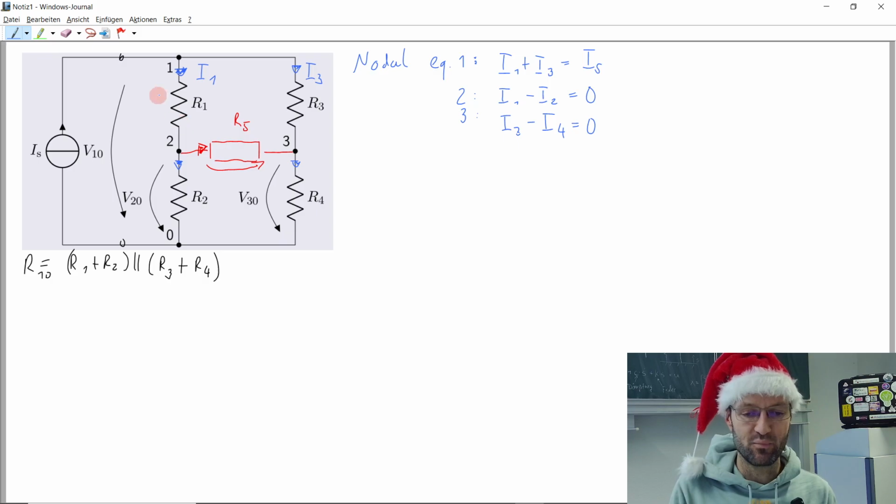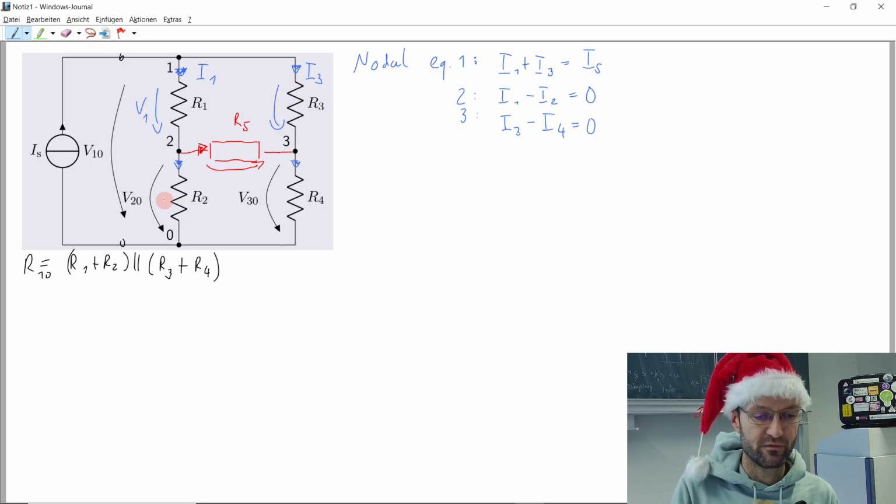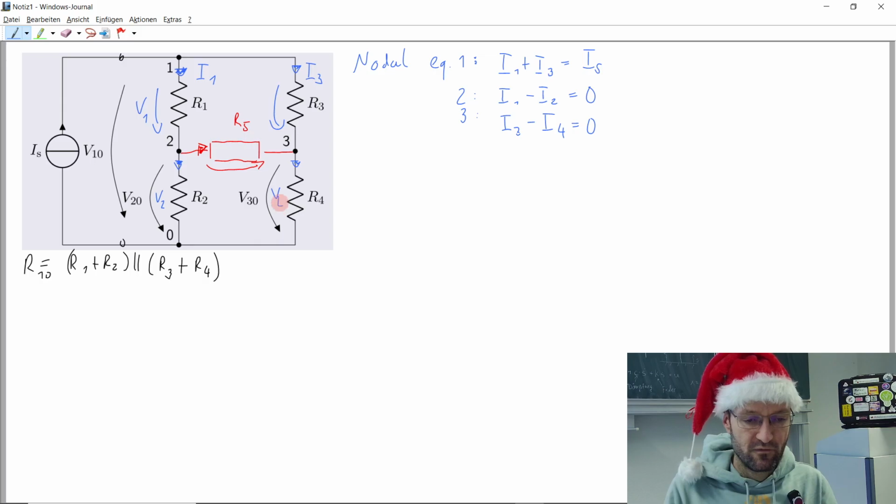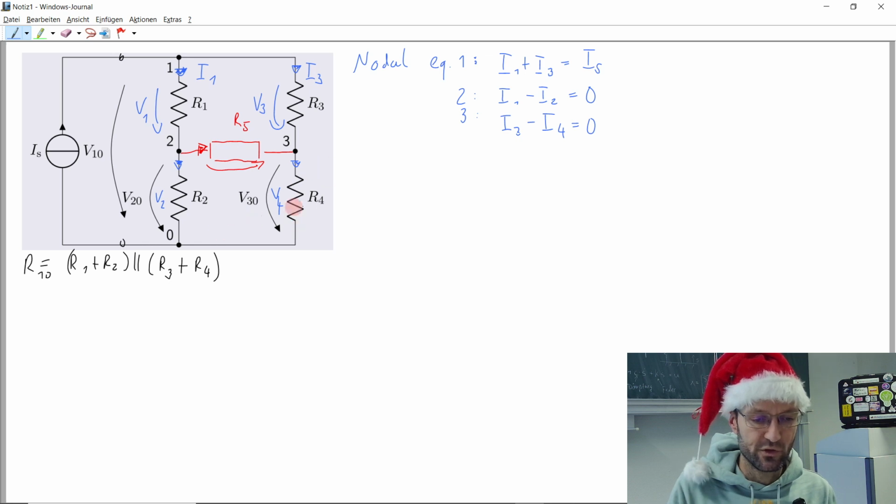And the next step would be to express these currents all in terms of these voltages. So we have a voltage V1, we have a voltage V2, V3, and this is V4 and V3. And so for each voltage, for example, the fourth current here could be expressed as V4 divided by R4.